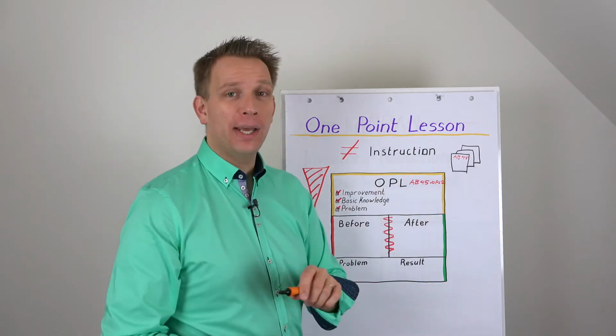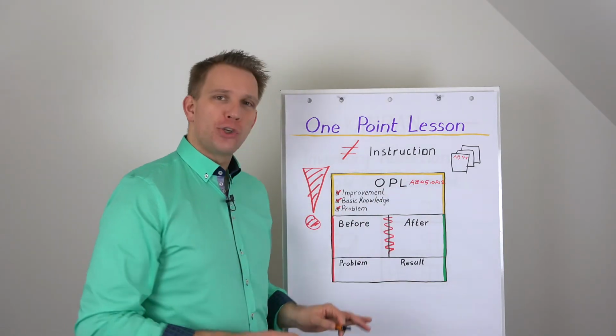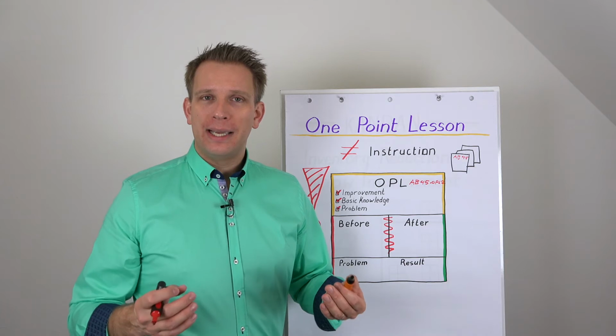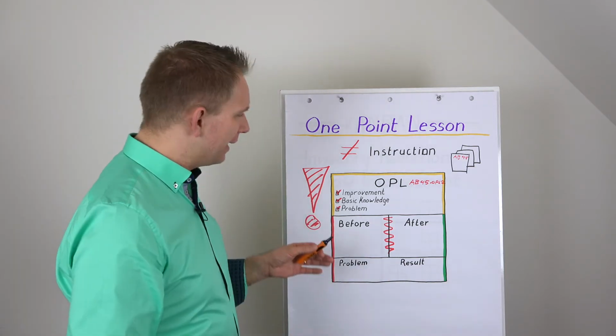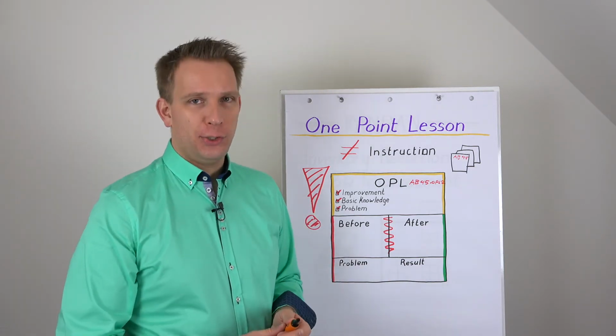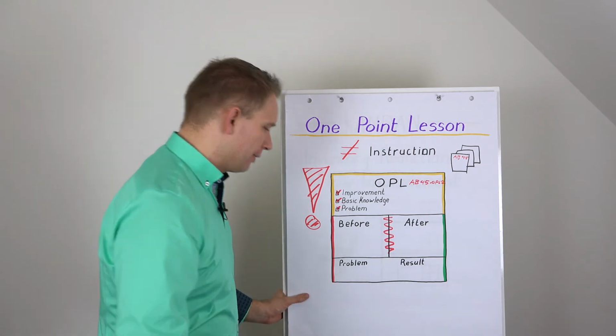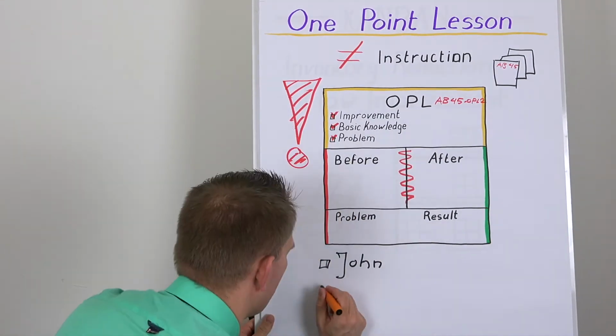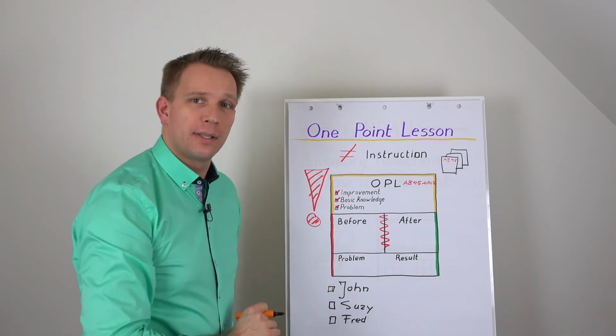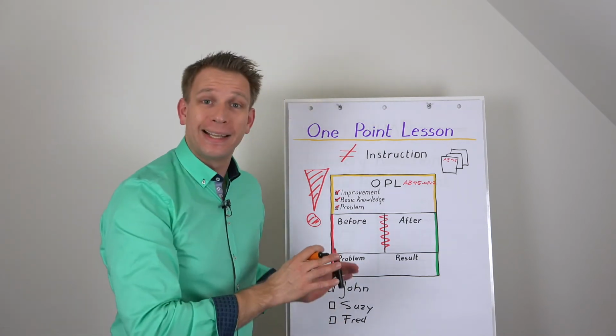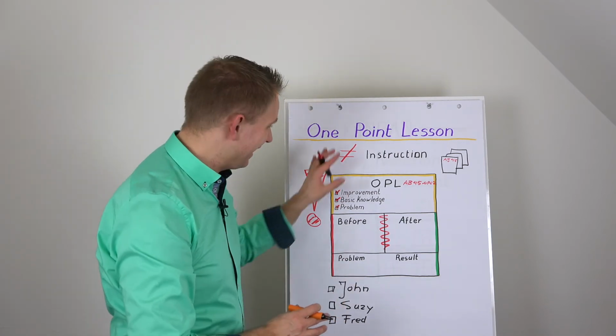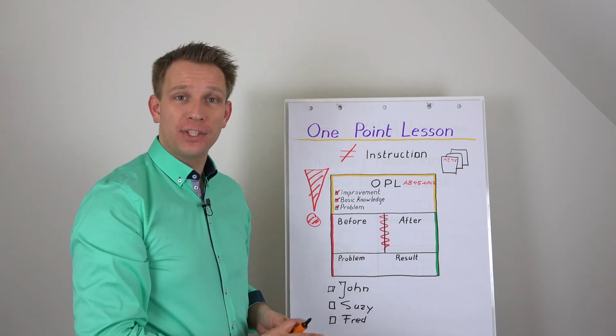And talking about that, a 1-point lesson should have an expiry date, or it should expire. And there are basically two ways to do this. The first way is when you say, I've got a list of my employees that need to follow this training. They need to see this 1-point lesson.